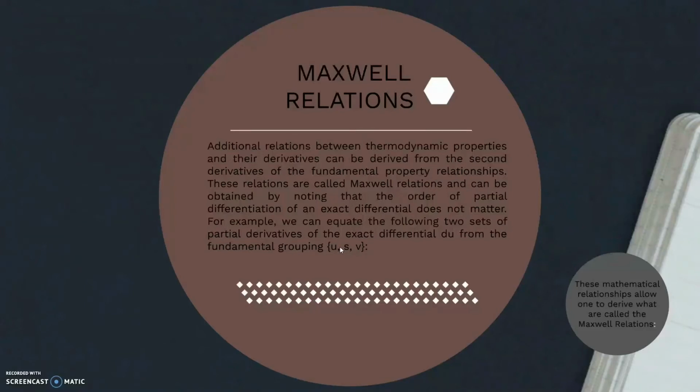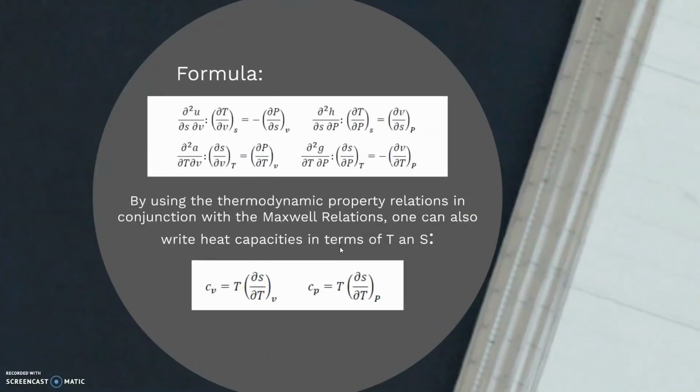These relations are called Maxwell relations and can be obtained by noting that the order of partial differentiation of an exact differential does not matter. For example, we can equate the following two sets of partial derivatives of the exact differential dU from the fundamental relations. The formula is on your screen.